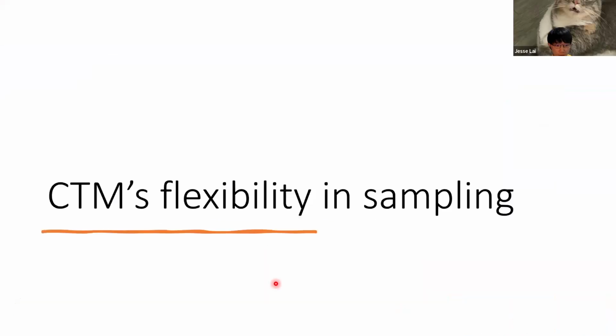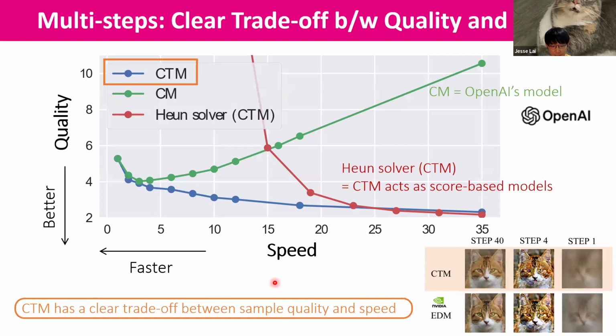Okay, so CTM can give us a clear trade-off between sample quality and speed. At the same time, because CTM can do the infinitesimal jump, it can also play the role of a score function, so we can use whatever well-developed diffusion model inference technique for CTM.